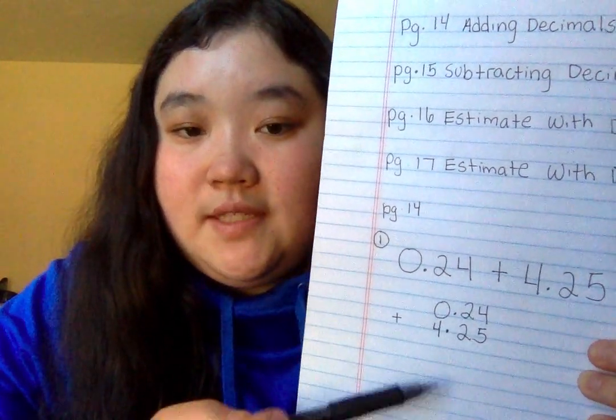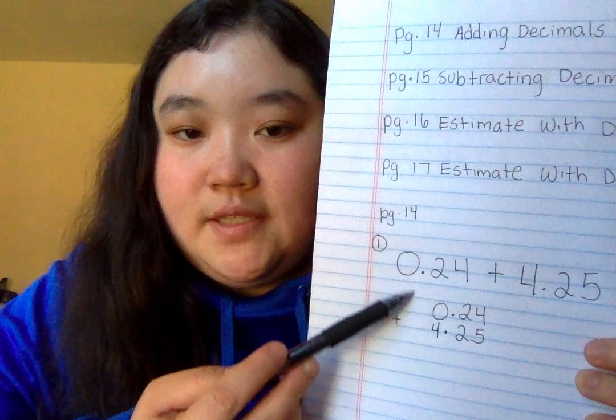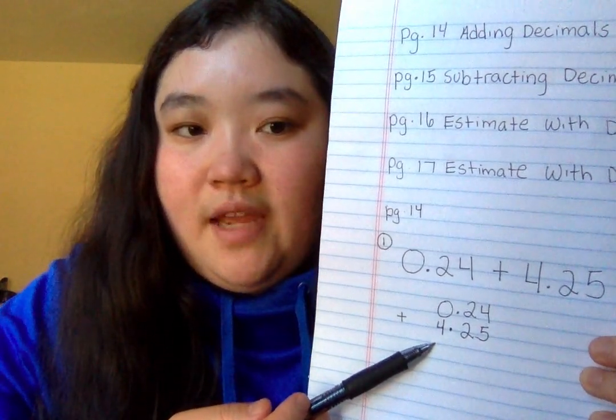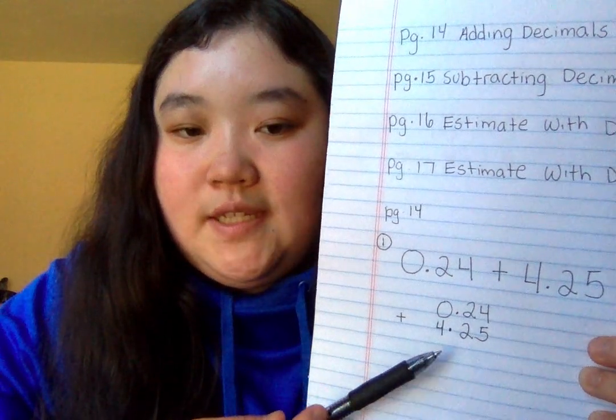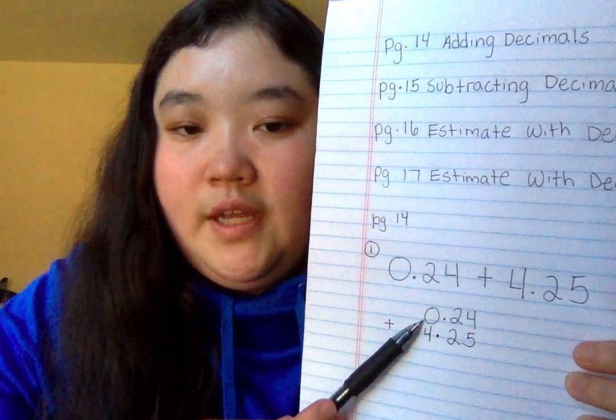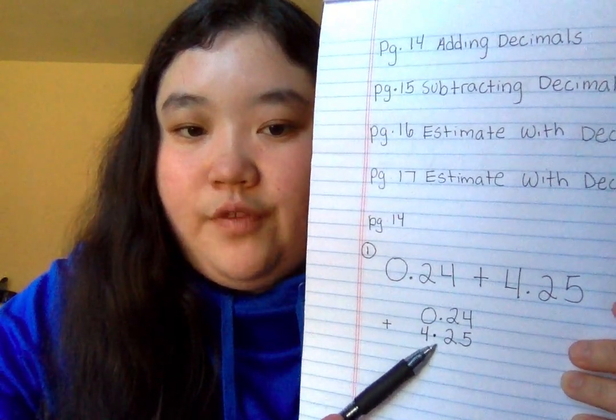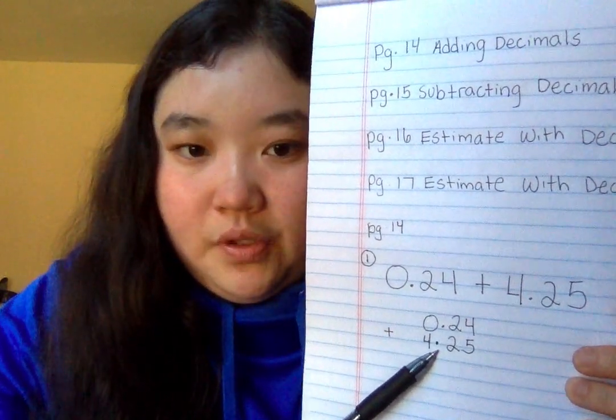Notice how I have everything lined up. The decimal in 0.24 is directly above the decimal in 4.25, so they're both lined up. I'll circle them for you so you can see.